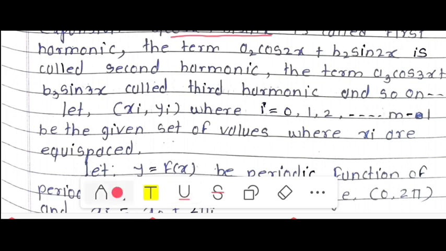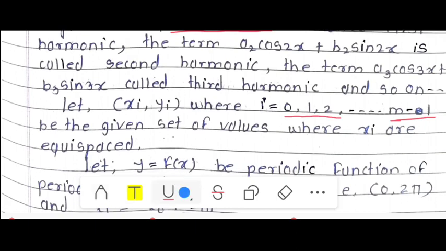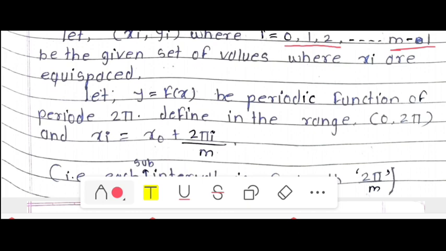Let xi, yi, where i runs from 0 to m minus 1, be the set of given values where xi are equispaced, that is, the difference between each value of x is equal.